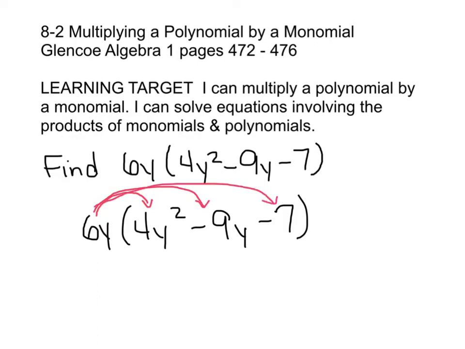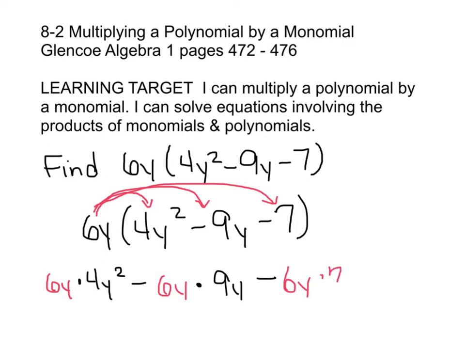Now you can write it like this. You can put 6y times 4y squared minus 6y times 9y minus 6y times 7.